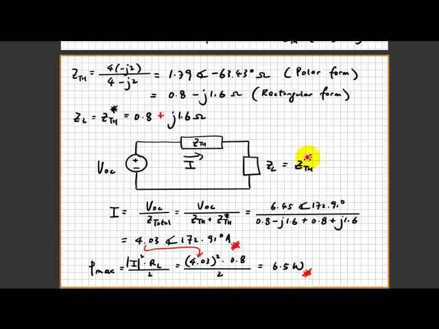Then to find the maximum average power transfer, it is either half times I squared times R_L, or V open circuit squared divided by 8 times R Thevenin. So that's the reference for you if you wonder how this equation applies, which comes from page 443 of the textbook. Hope this helped. Thanks.